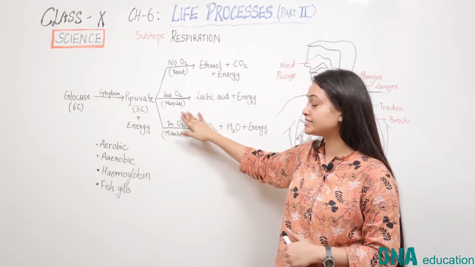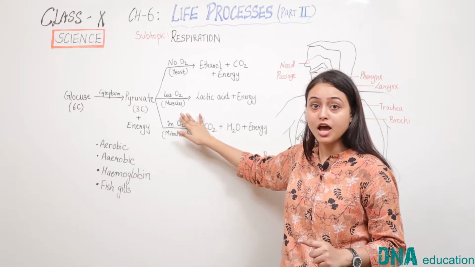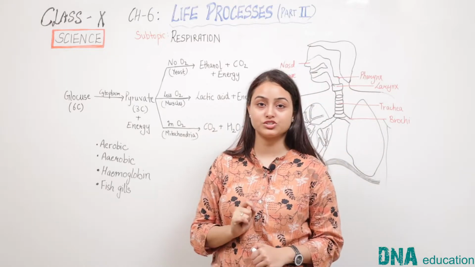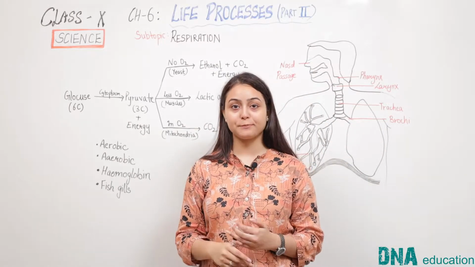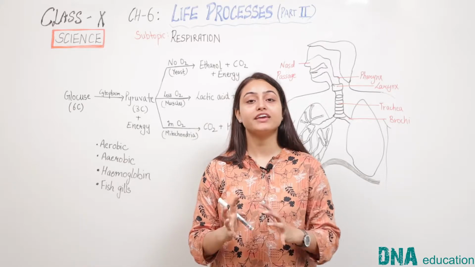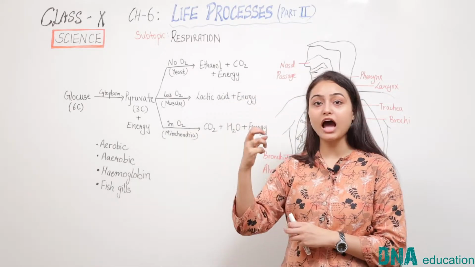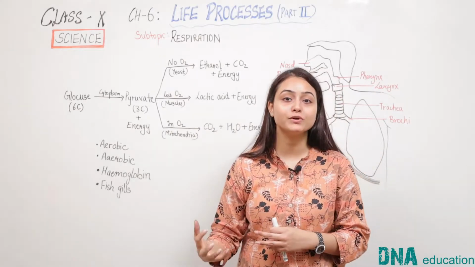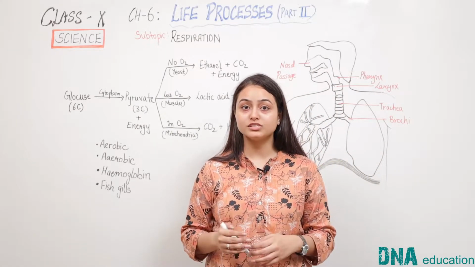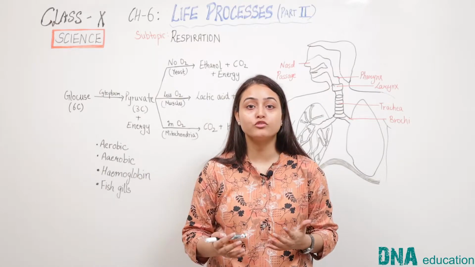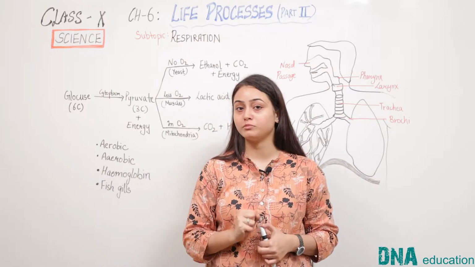Another pathway is in the lack of oxygen, when there is a deficiency of oxygen in an organism. For example, in our bodies during heavy exercise or gymming or running, our muscles are in continuous activity. Because of this, our respiration cannot fulfill the oxygen demand of our muscles.